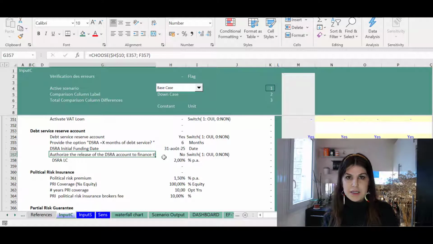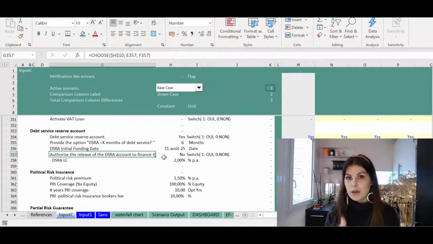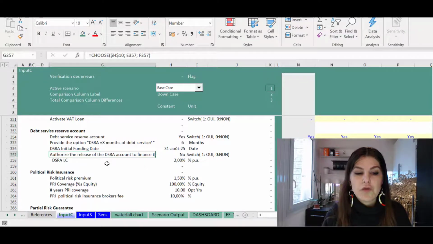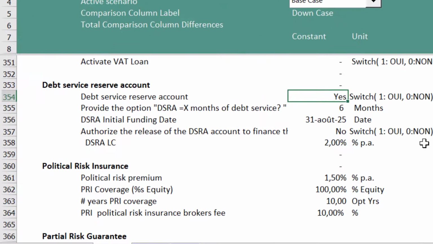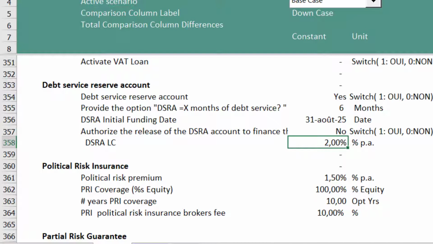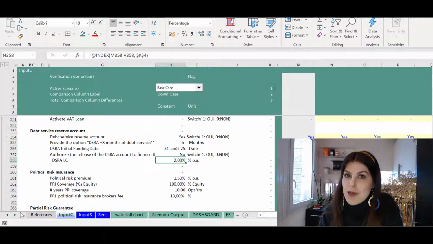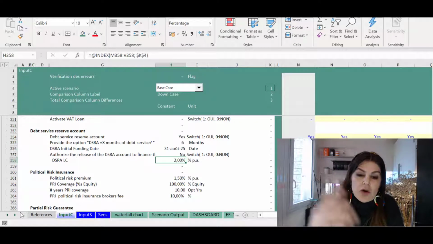And if it is yes, then it's going to have a movement of inflow and outflow depending on the pre-funding of that account and depending on the future cash repayments. And of course, if this one is no, this means that the debt service reserve account is backed up by an LC, and the cost of LC of 2% here is going to be included as a cost in the cash flow waterfall.